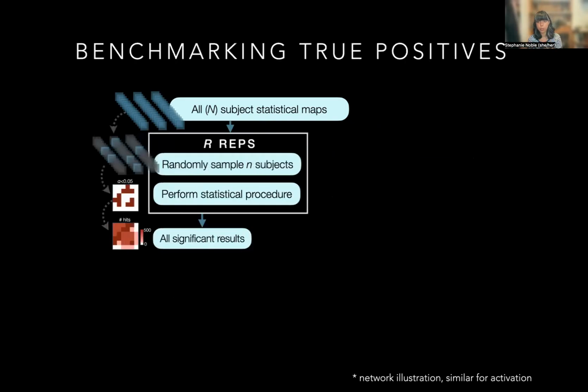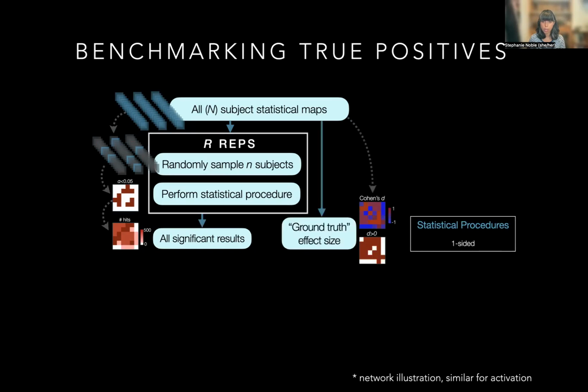So for benchmarking true positives, we use a very similar strategy. We start with all the subject maps, we subsample, we perform some statistical procedure, we aggregate significant results. And for this, we will be looking at significant results only on one side, because this will help us compare to the ground truth.